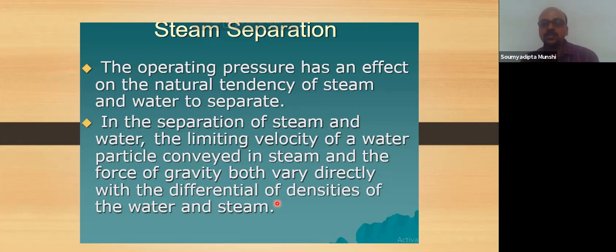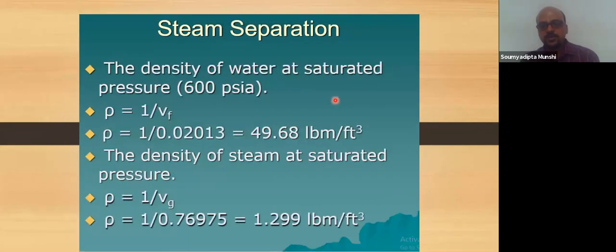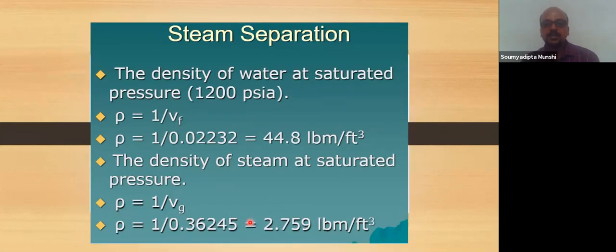So again, when the mixture goes back to the drum, we continuously feed water from the economizer to the drum, and the circulation takes place continuously. Here, if we see at 600 psi, the density of water is 49.68, and the saturated steam density is 1.299.